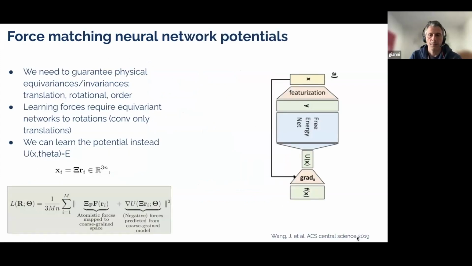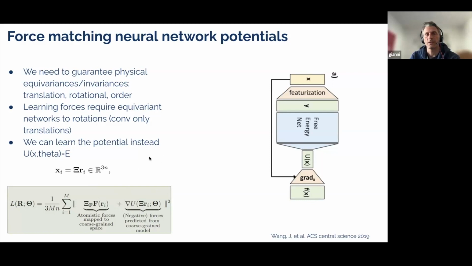So in this paper from 2019, which was led by Cecilia Clementi, we used a method called force matching, which has some nice characteristics. You practically try to match the forces acting on your beads.